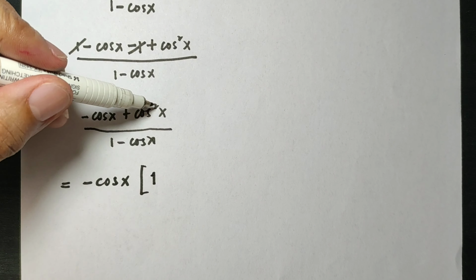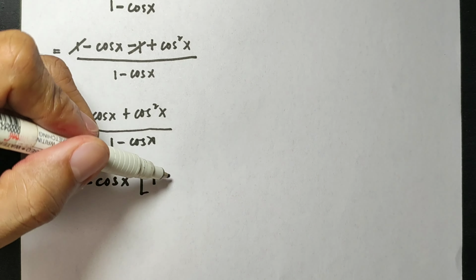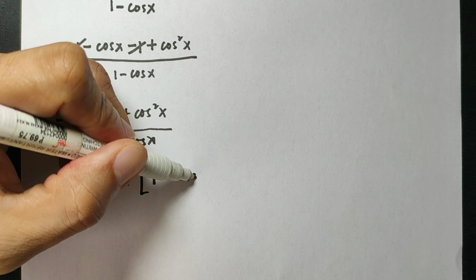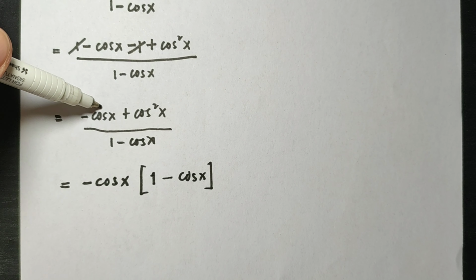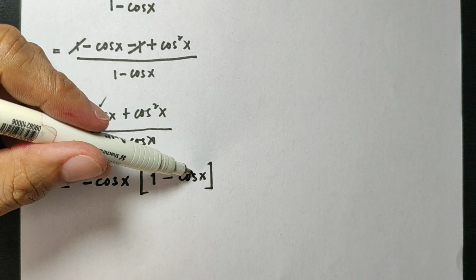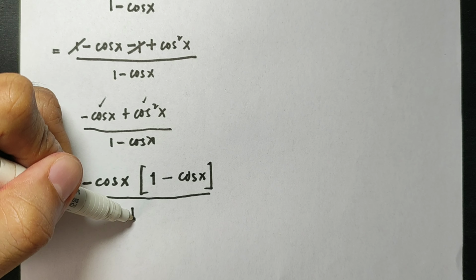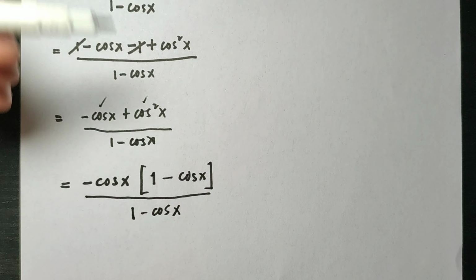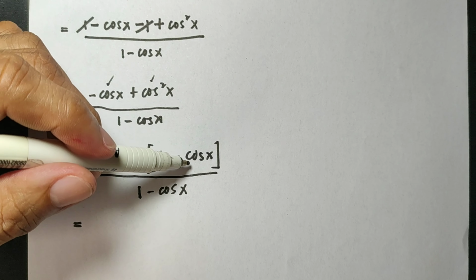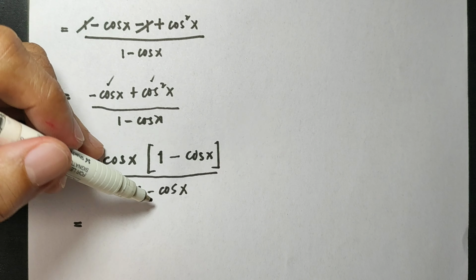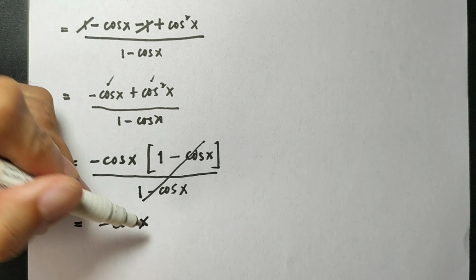To get positive cosine square x, we need to multiply negative cosine x by the negative cosine x. So let's check. Negative cosine x times 1 is negative cosine x. Negative cosine x times negative cosine x, that is positive cosine square x, all over the denominator 1 minus cosine x. And the purpose of that is to cancel this. Since 1 minus cosine x divided by 1 minus cosine x is 1, we can have that the answer is the negative cosine x.